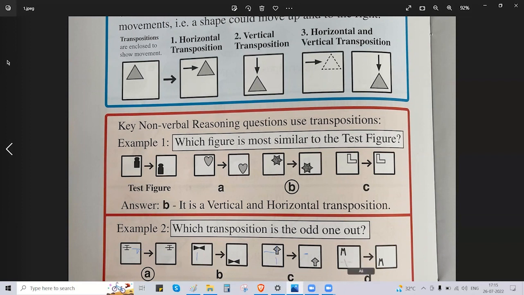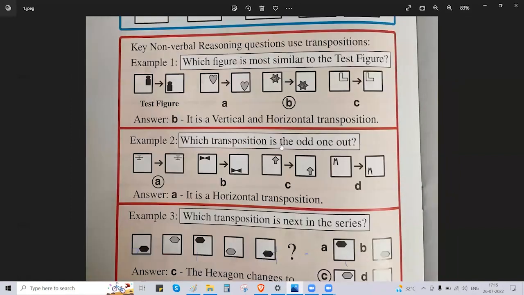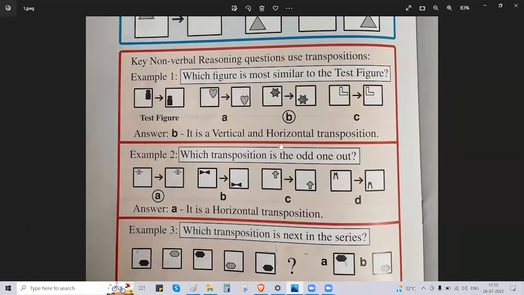The only one that's not going down is A because it's going to the left side. So it's A. Exactly. So here, what type of transposition it is? It's on A, it's a horizontal transposition. Yes. And in rest of the images, we have vertical one, right? Yeah. Great. Now it's time for question number 3.